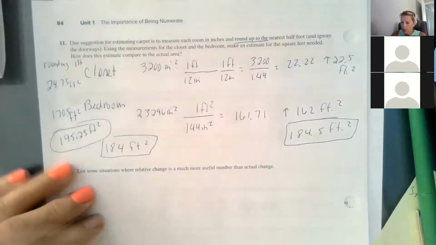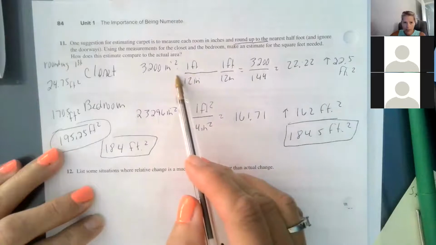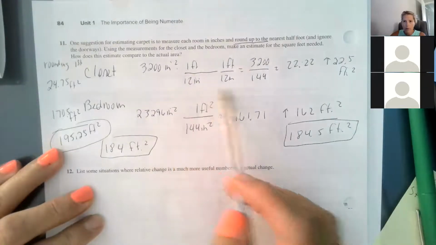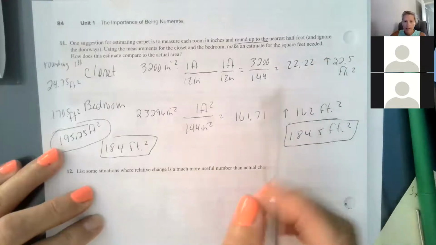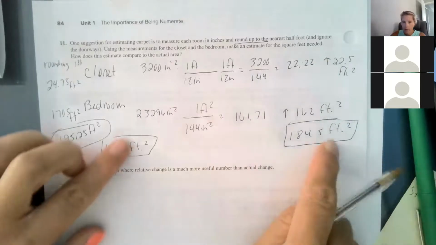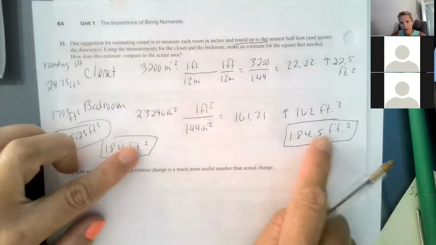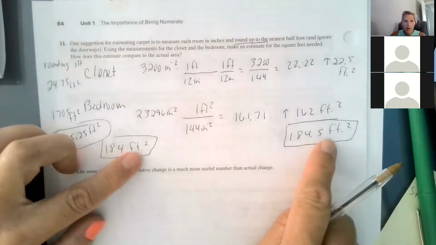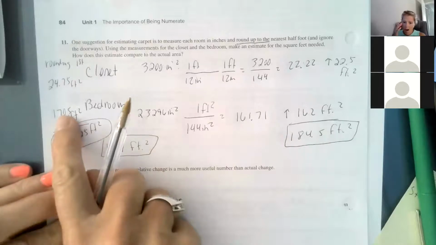These over here, we took all inches, found the area, and then switched them over to square feet and then rounded to the nearest half foot. And so that's why these two are smaller, because we turned our square inches into square feet afterward and then rounded up to the nearest half foot, where here we turned it into feet right away.